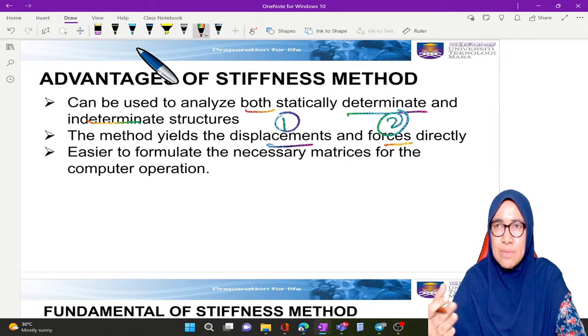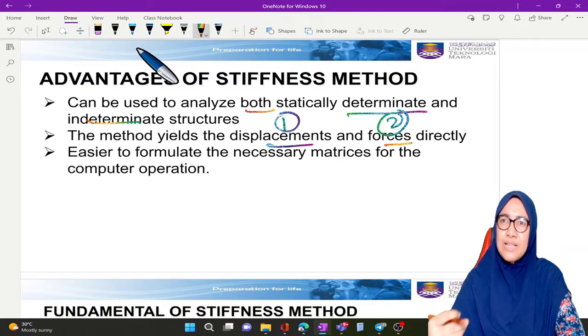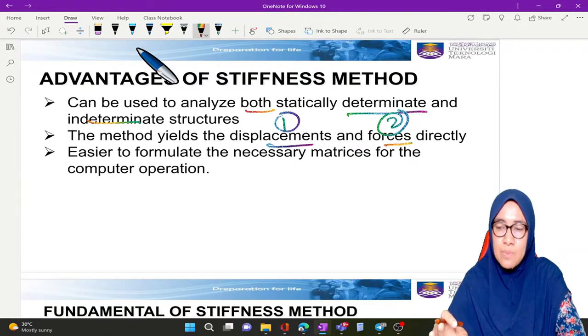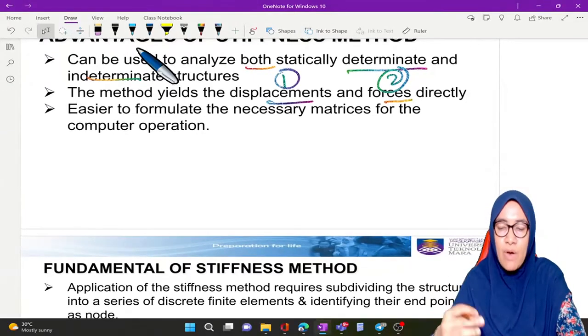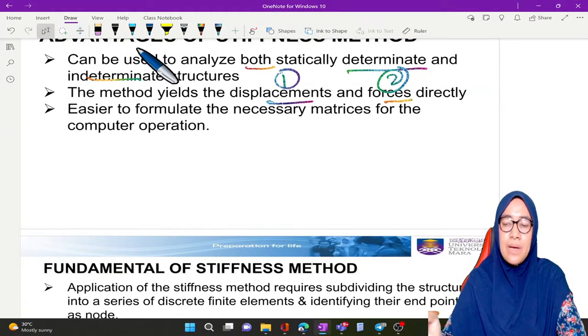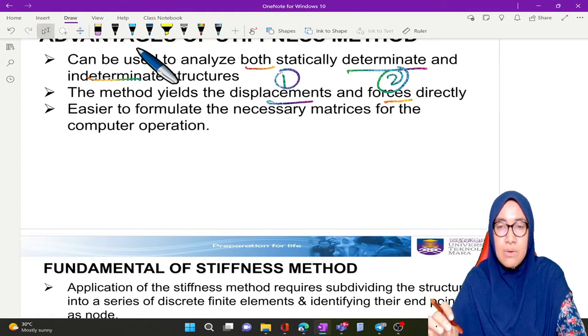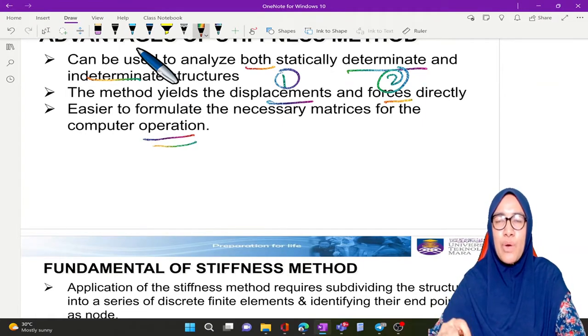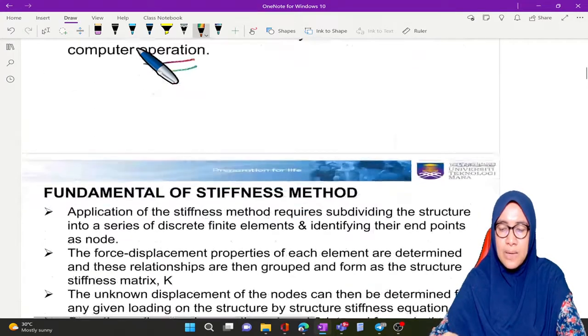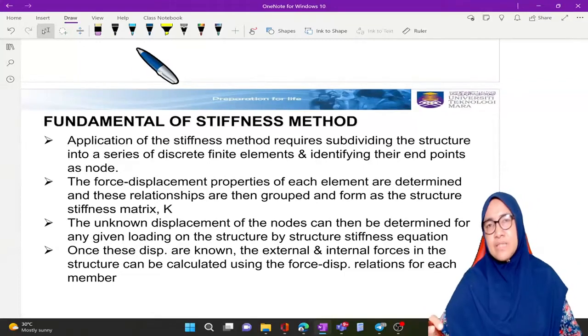The first output when we analyze using the stiffness method is displacement, then only forces. And it is easier to formulate matrices for computer operation. This relates to the theory behind software actually coming from the stiffness method.